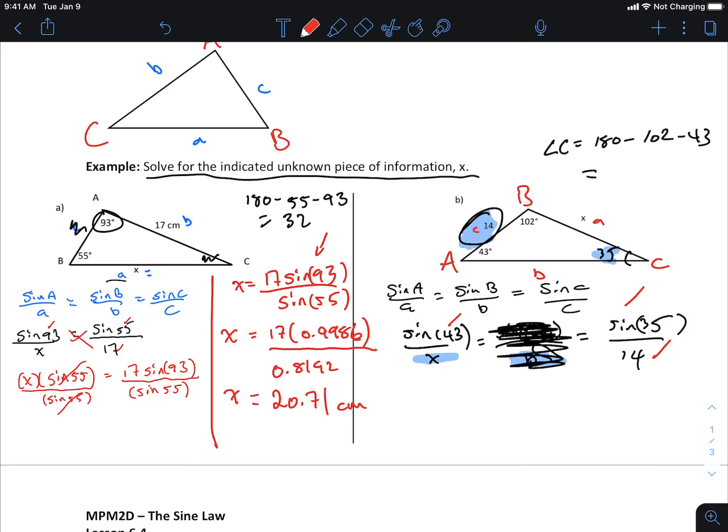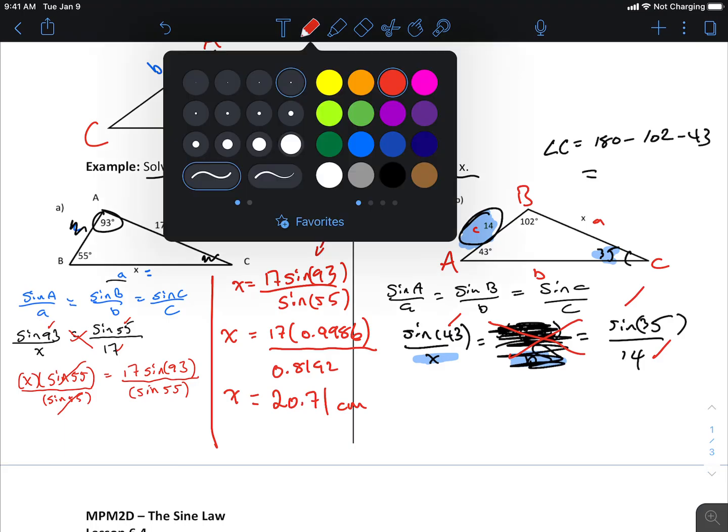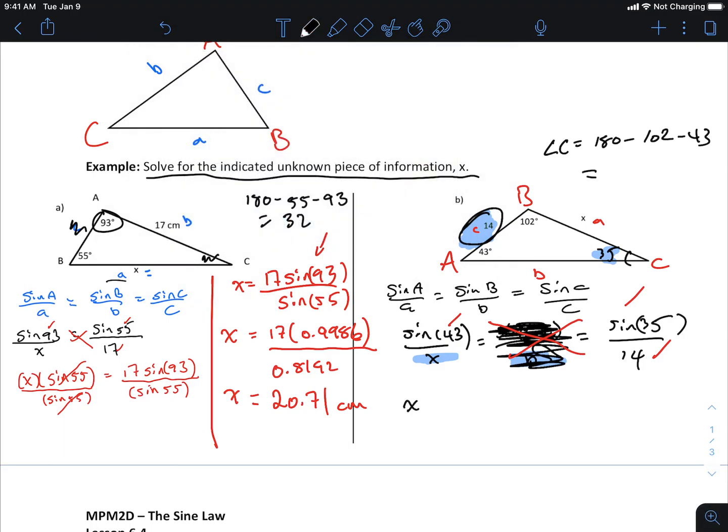So let's do the math. We cross multiply. If I completely erase the middle there, you're going to cross multiply. What do you get? X, here, I'll do this in black. So I get x sine 35 is equal to 14 sine 43.